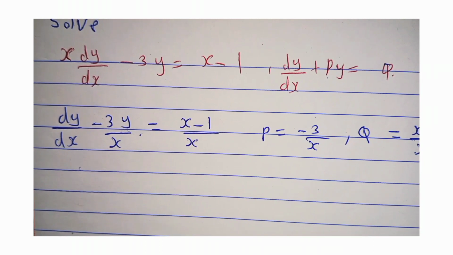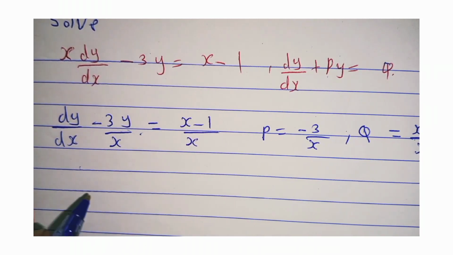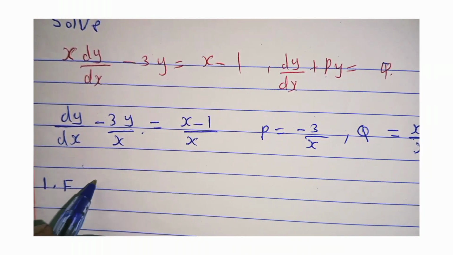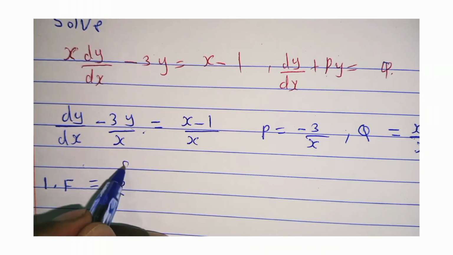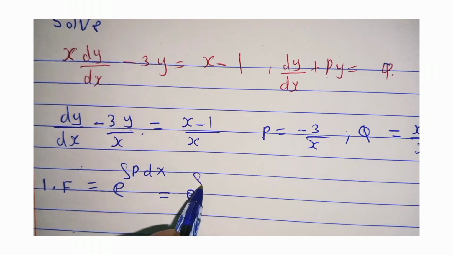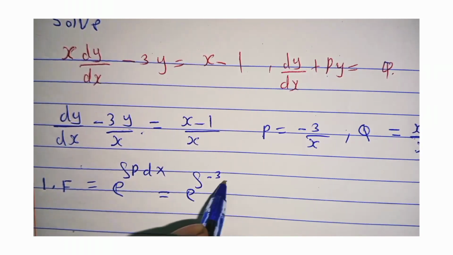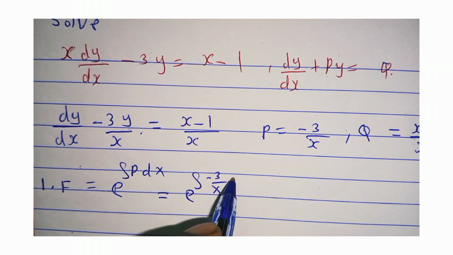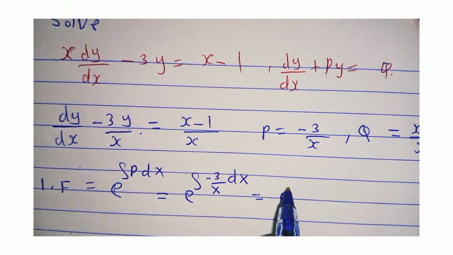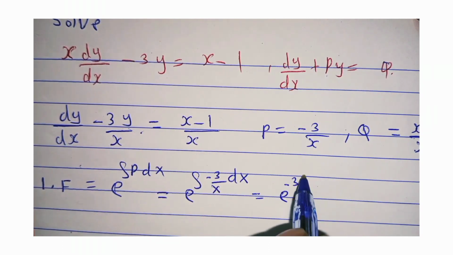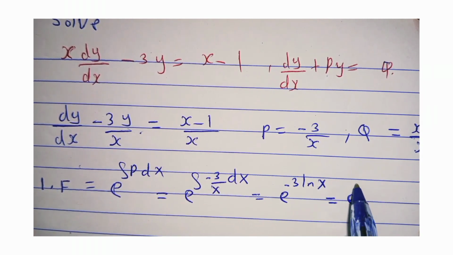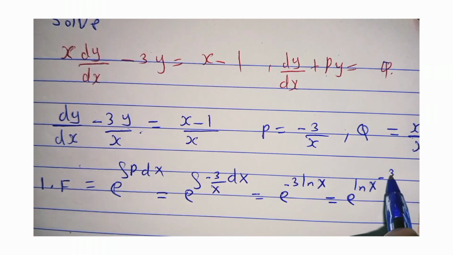Then the next step is obtaining the integrating factor. So the integrating factor will be given by exponential of the integral of p dx, which is equal to exponential of the integral of negative 3 over x dx, which is equal to exponential of negative 3 natural logarithm of x, which can be written as exponential of natural logarithm of x to the power negative 3.